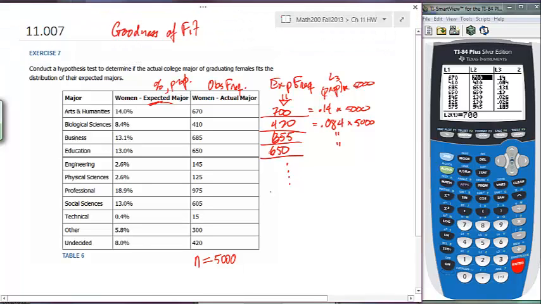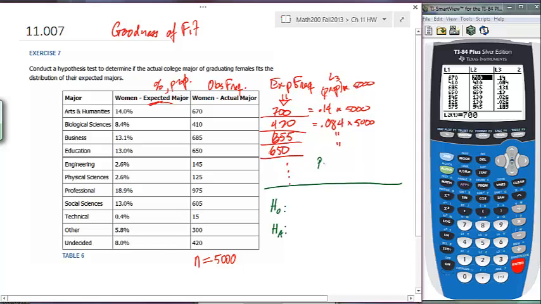Now let's go ahead and proceed to the hypothesis test. Given that this is a hypothesis test, we need the null and alternative hypothesis statements. So mathematically, our null is saying that 14% of women are expected to be arts and humanities majors, 8.4% biology, 13.1% business.